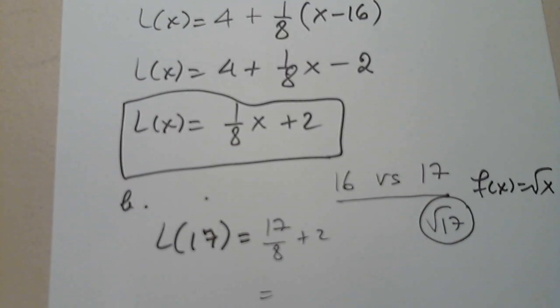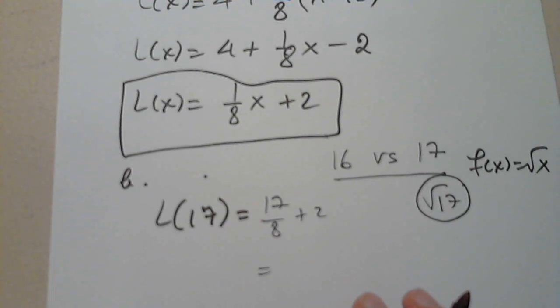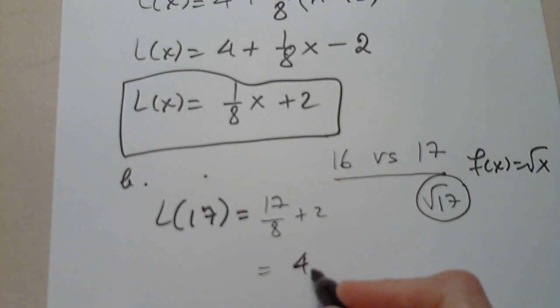Do not calculate anything by hand and try to avoid entering all sorts, so the probability of creating an error is much higher. Okay, I see the function is exactly what I have, 1 over 8 multiplied by x plus 2, and I'm going to plug in 17. When I plug in 17, you may need to highlight and see more than the digits that the column presents. In this case, it's very clear, 4.125.